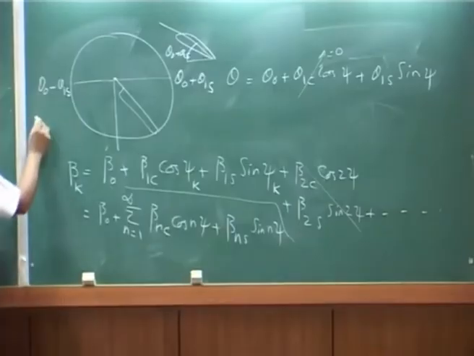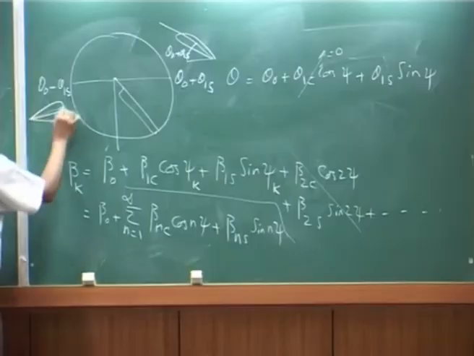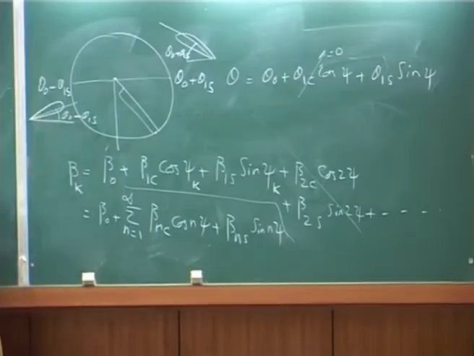When you come here, it will have minus theta 1s, less pitch angle. But you want to get a plane in which the blade has theta naught only. That means what you do?